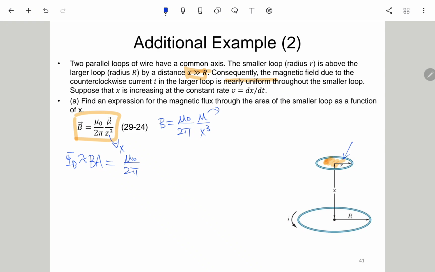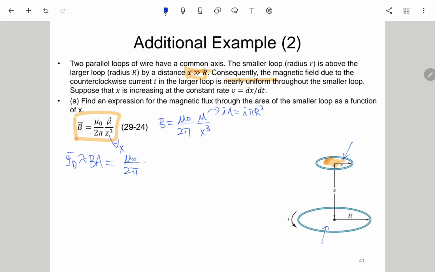If you still remember, this is N I A. Here we only have a single turn, so N is equal to 1, and it remains I times A. A is the cross-section area, which means the area of the larger loop, which is I times pi capital R squared.